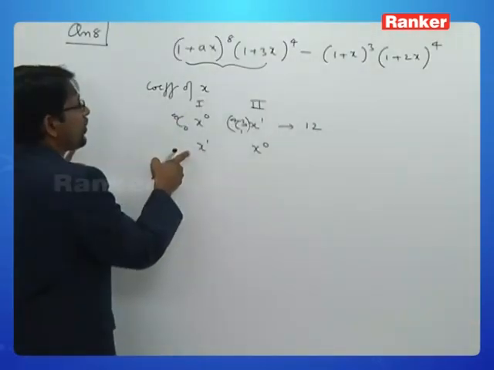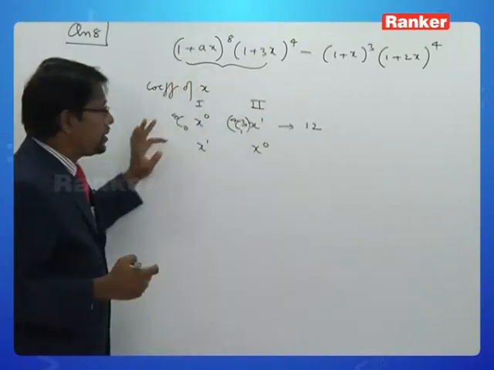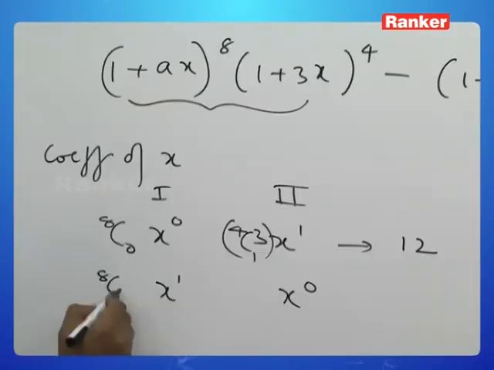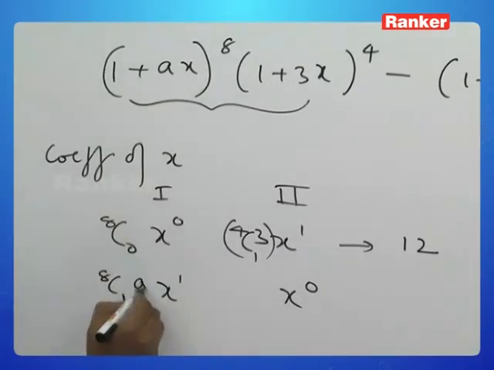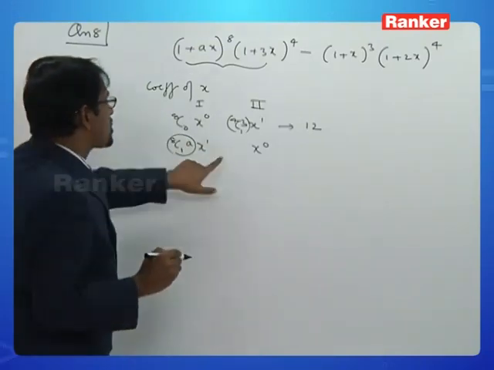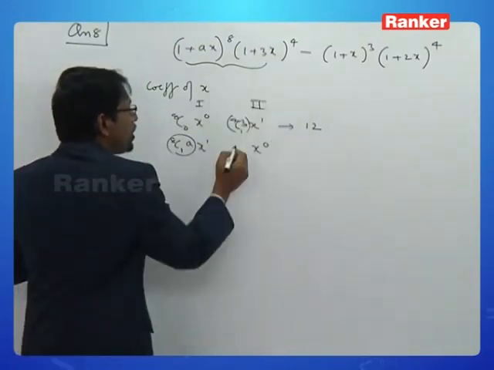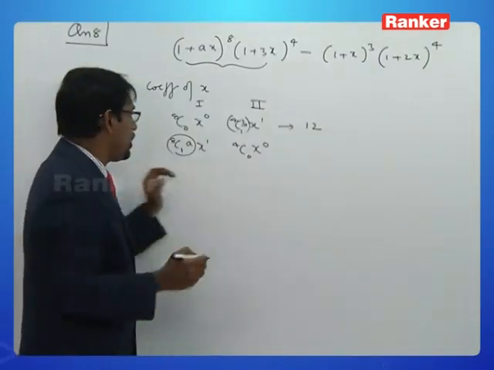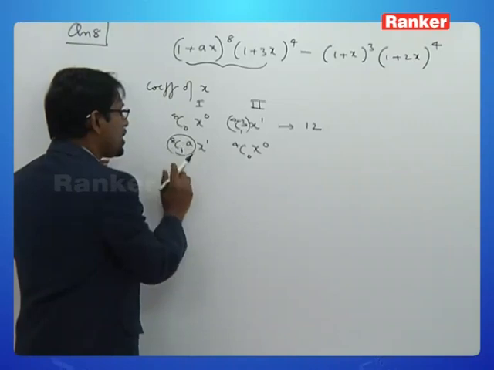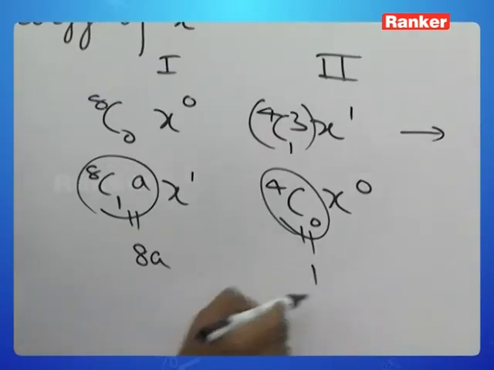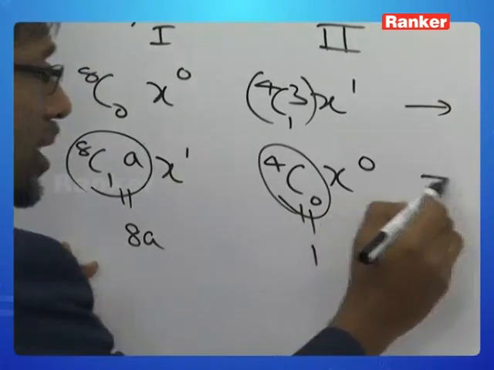What is the coefficient of x in the first expansion? In the first expansion, the coefficient of x is 8C1 into a. So 8C1 into a. Okay. Next, what's the coefficient of x power 0 here? 4C0. 4C0 is anyway 1 here. So 8C1 is 8a and 4C0 is 1. So 8a into 1, that makes it 8a.